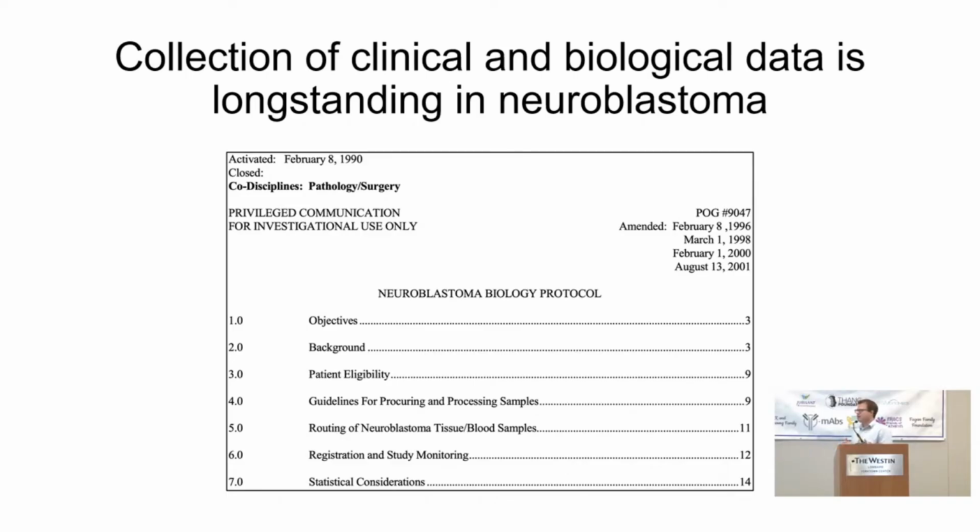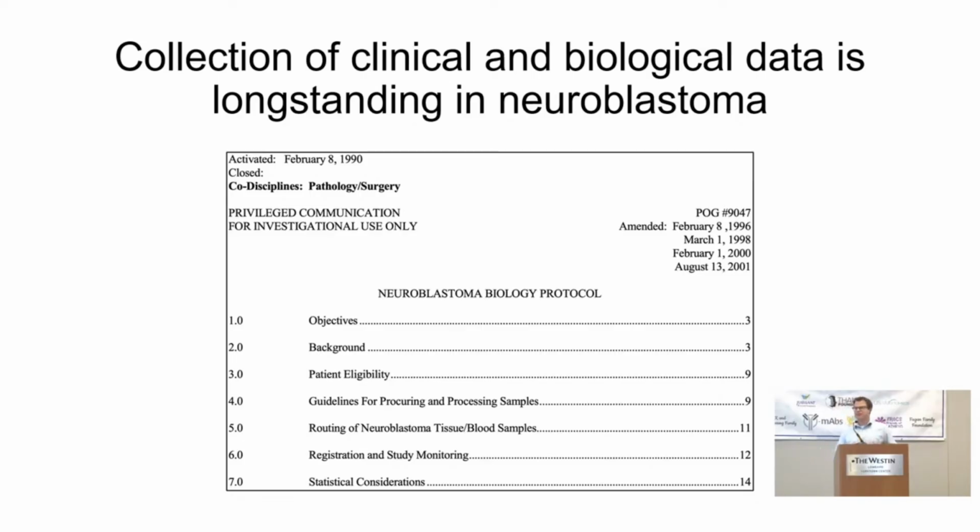And many of the parents in the room, you've probably seen consent forms, hey, I'm sorry your child has neuroblastoma, but can you please sign this registry form so we can collect the data? It's always sort of an awkward ask, but this is why it's important, and I hope to impress upon you why we do that.